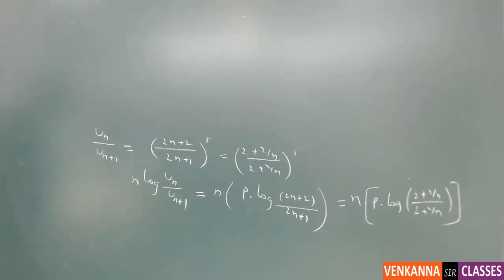p into log of (2 plus 2 by n) by (2 plus 1 by n). So if I want to apply the expression of log of 1 plus x, what is the modification I need to do there?